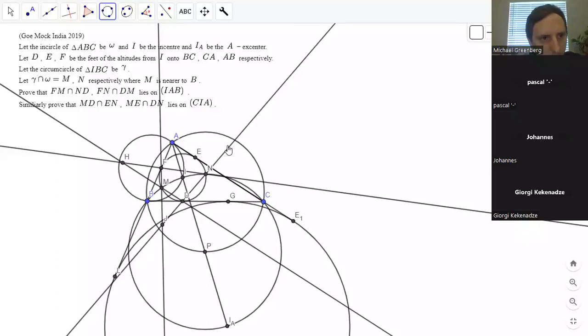I is the incenter. D, E, and F are the feet of the altitudes from I. So we draw the circle. Those intersect at M and N. M is nearer to B. That's true. And FM intersect MD, and FN intersect MD. So I think the original problem didn't have the circumcircle notation.